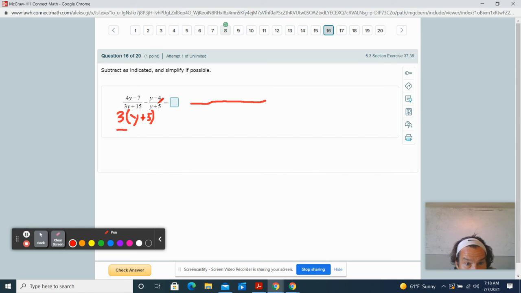Well, over here I have the y plus 5. I just don't have the 3. So I need to have a 3. And then I just need to have a y plus 5. So I'm using that exact denominator here. 3 times y plus 5 is exactly what I have in this first fraction.